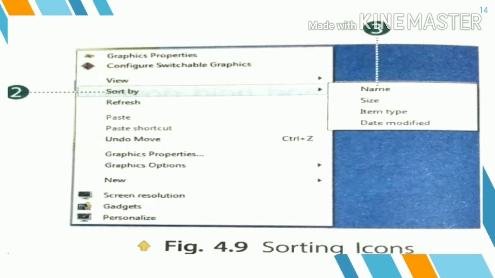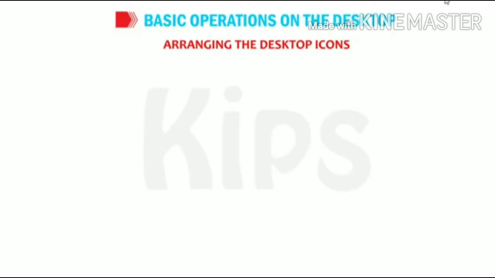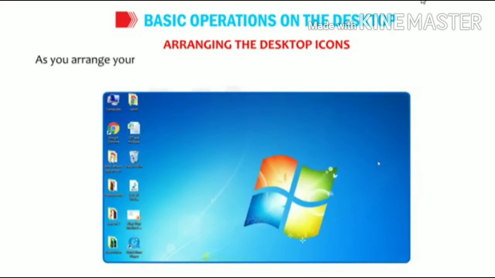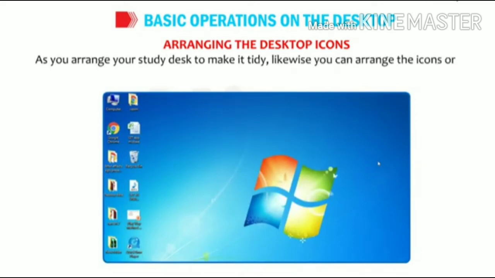First is arranging the desktop icons. As you arrange your study desk to make it tidy, likewise you can arrange the icons on the desktop to give it a better look. To do this, right click on the blank area of the desktop.